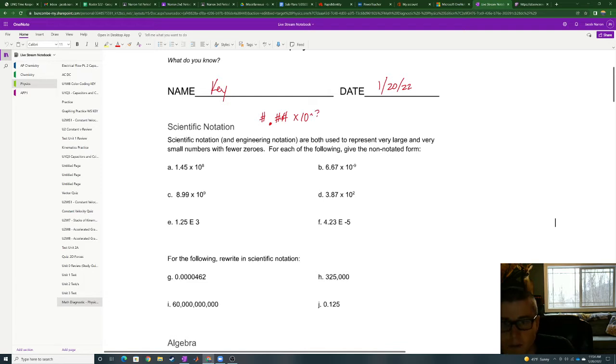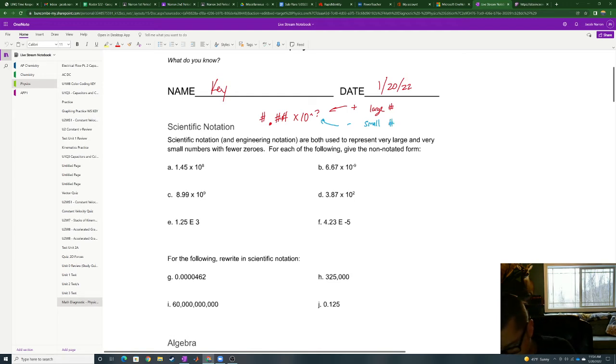If there's a positive exponent on the times 10 portion, that means this is a very large value. If we have a negative exponent, that means we're dealing with a very small value, a very small number. And we've got a couple of each down below.